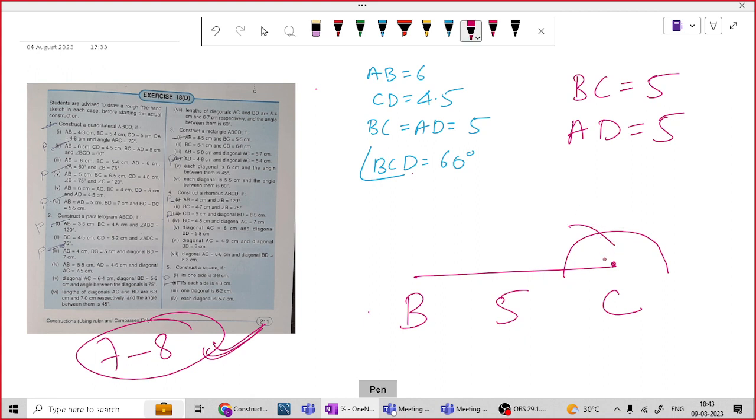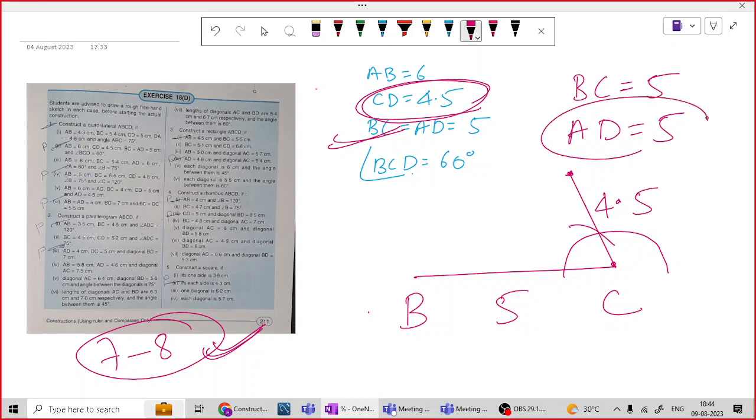What is the line you have to draw? After C, where does C connect? BC is done. Can you see CD? So from C, take 4.5 centimeters, you get D. From D, which line do you draw? 5 centimeters.